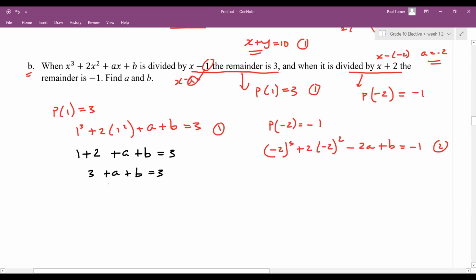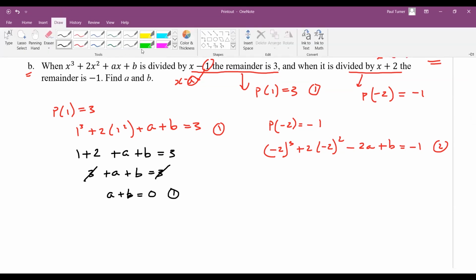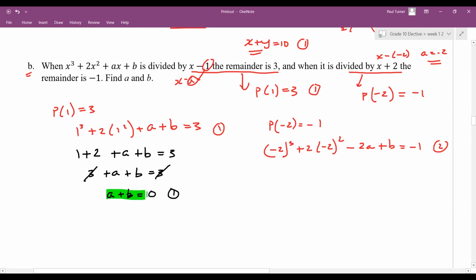I'll show all the steps. If you bring the 3 over, 3 minus 3 will be 0, so that will cancel. So a plus b equals 0. Right, so that's your first equation. I'll highlight it. Or a equals negative b, for example. Same thing.